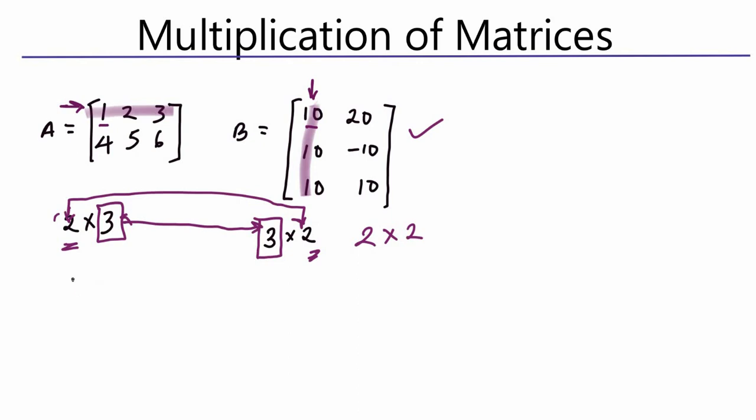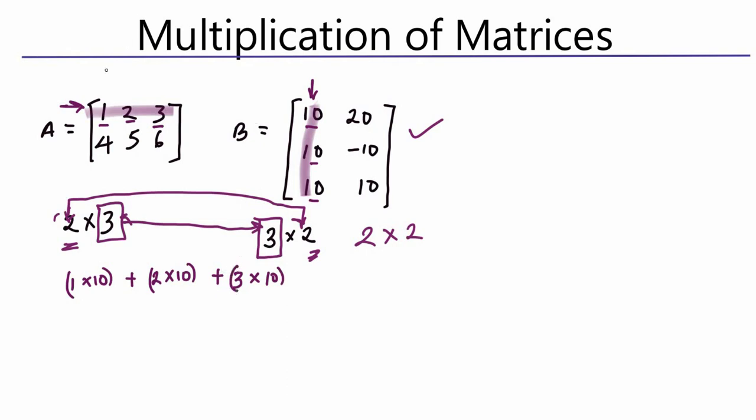So 1 times 10. This one we add to 2 multiplied by 10. So we have 2 multiplied by 10. And we add it to 3 multiplied by 10. So we have 3 multiplied by 10.